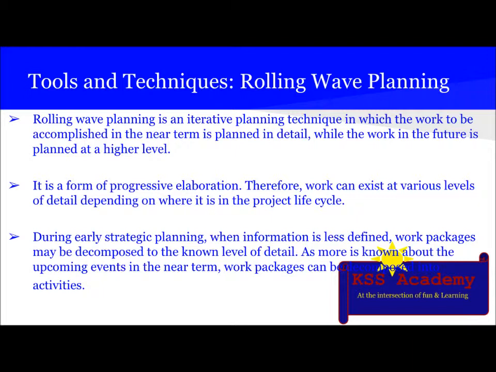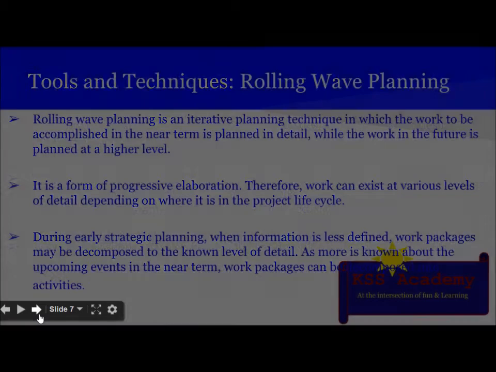During early strategic planning, when information is less defined, work packages may be decomposed to a known level of detail. As more is known about the upcoming events in the near term, work packages can be decomposed into activities. So this is what basically rolling wave planning is, progressive elaboration.